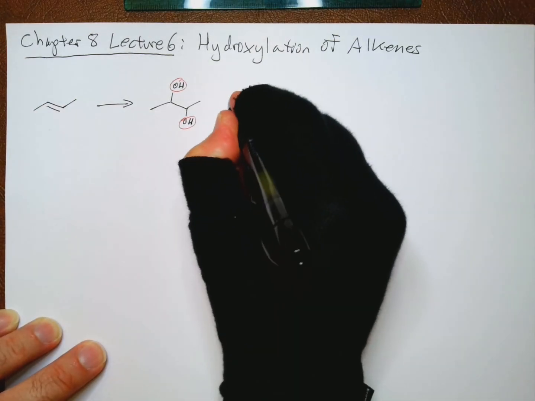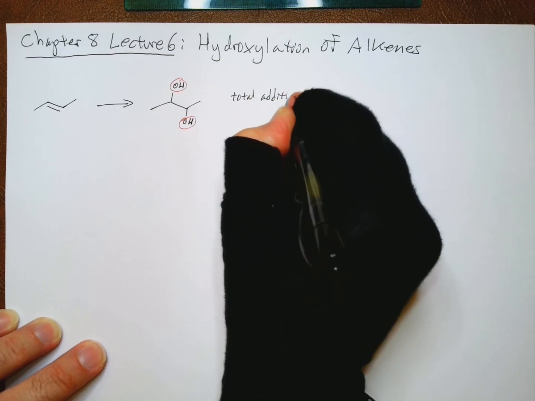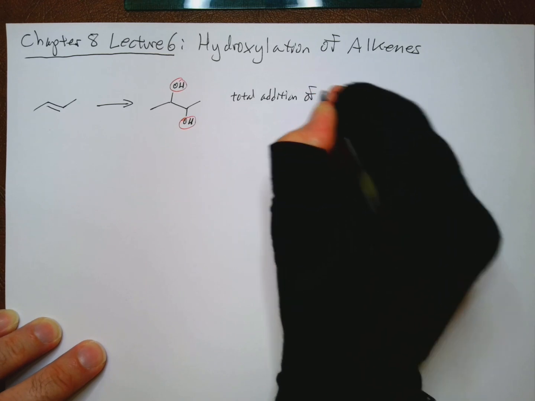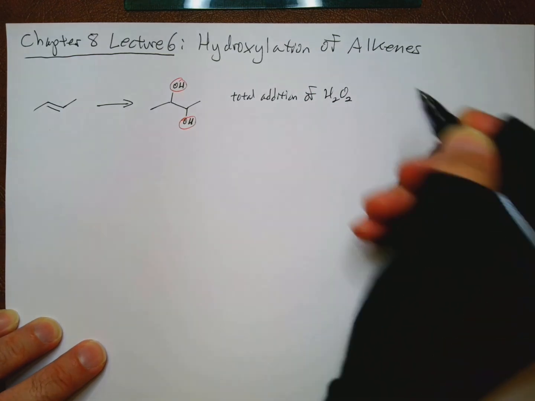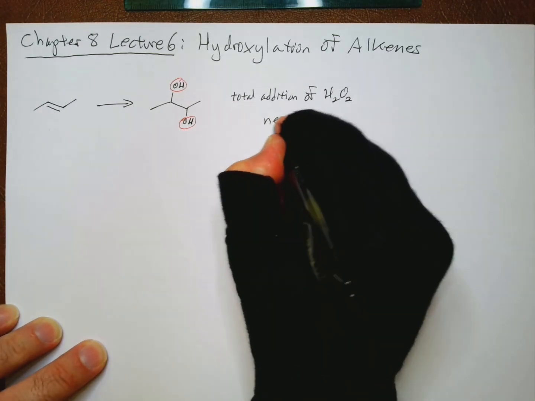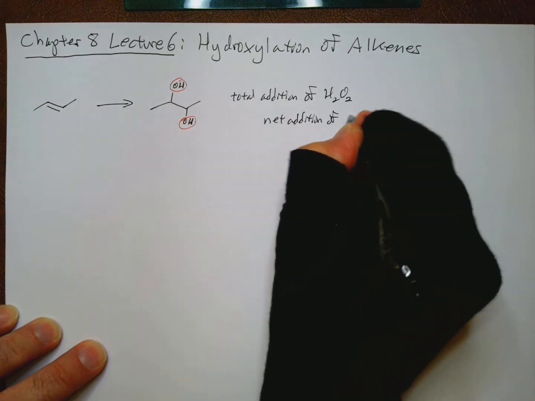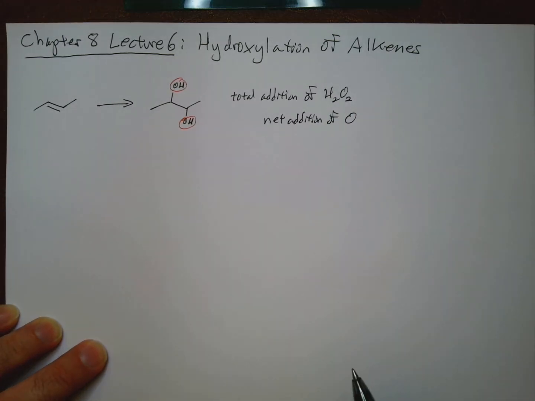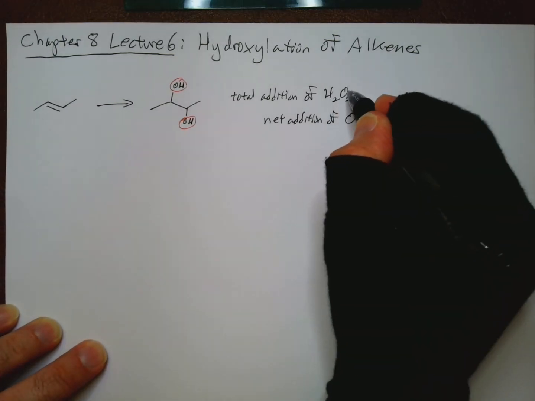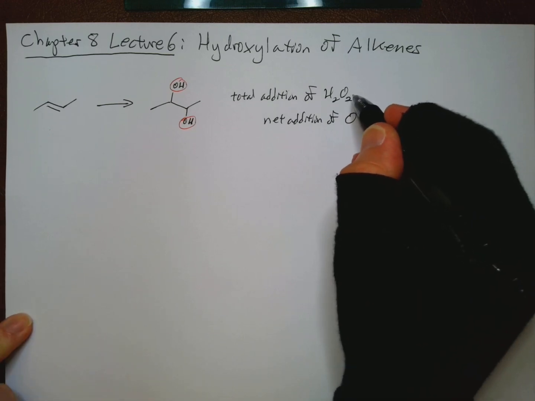We have a total addition of H2O2. So that means we actually have a net addition of one oxygen because we have H2O and then we have another oxygen to make it H2O2.